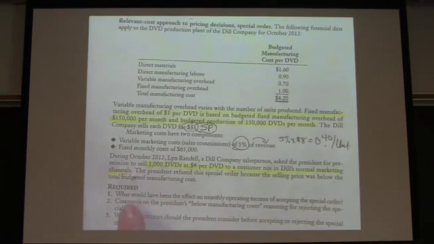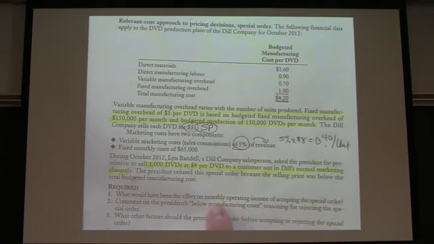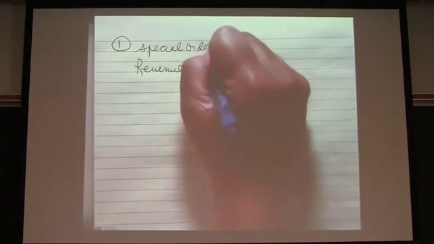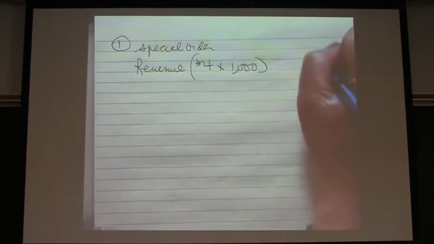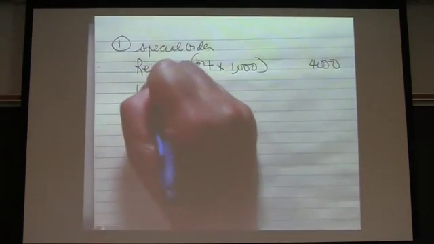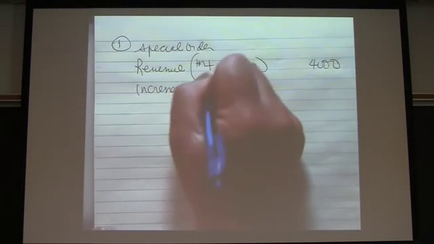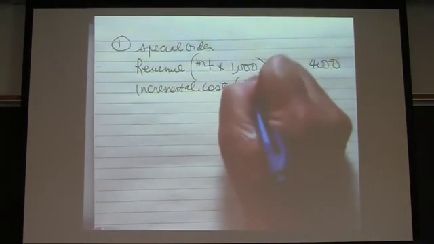So part 1 says, what would have been the effect on monthly operating income if they accepted the special order? Let's look at the analysis for part 1. So it's the special order. The incremental revenue for the special order is $4 times 1,000 units. Now, what are the incremental costs, which are basically variable cost?